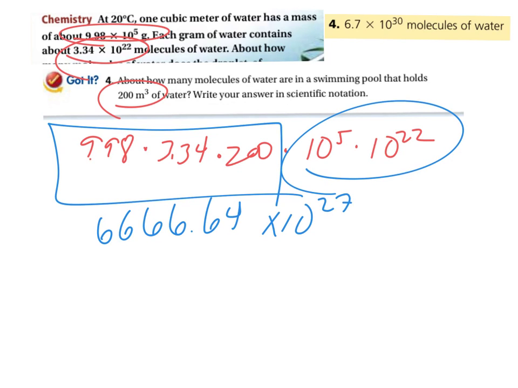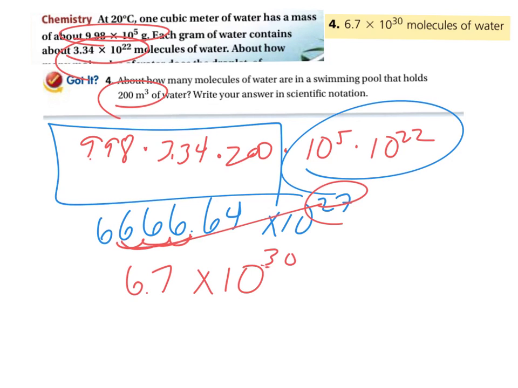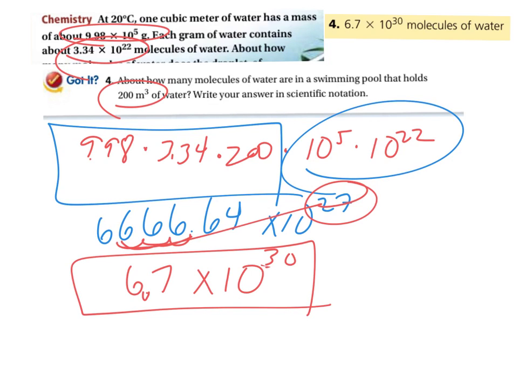Not scientific notation. So it owes me 1, 2, 3 zeros. So we're going to 6 point, we'll call it 7 if we round it, times 10 to the 30th, because I take those other 3 zeros I just took from here. So 1, 2, 3 spaces here, and I give it to this guy. So 6.67 times 10 to the 30th is our molecules of water.